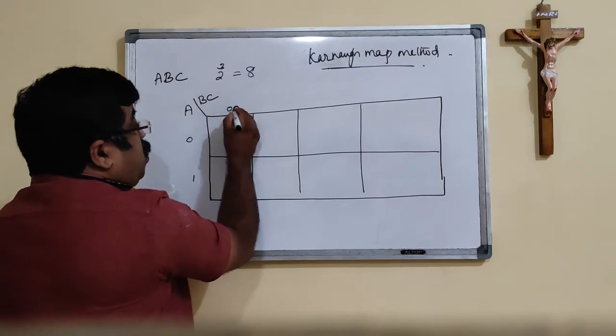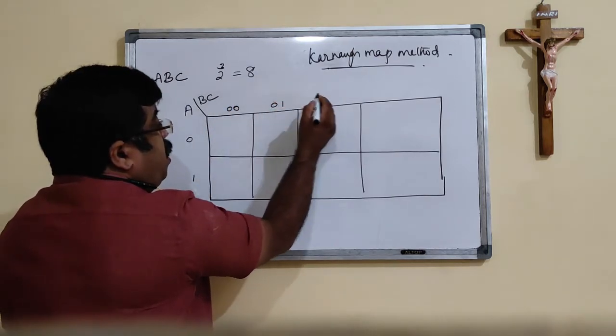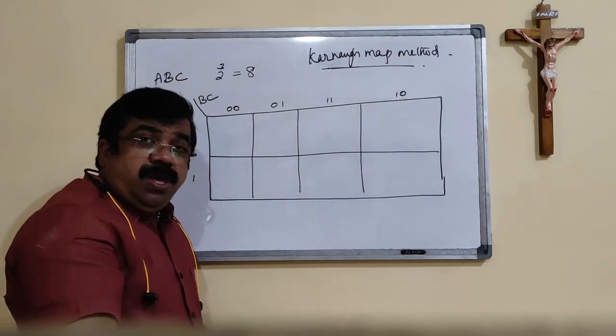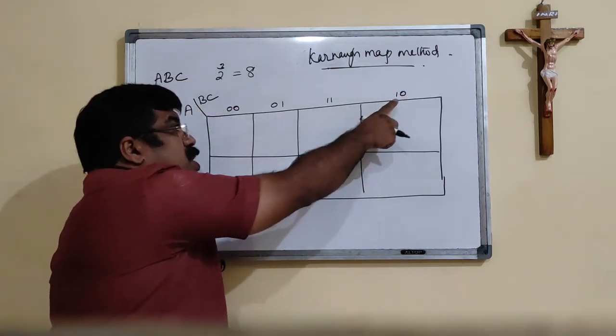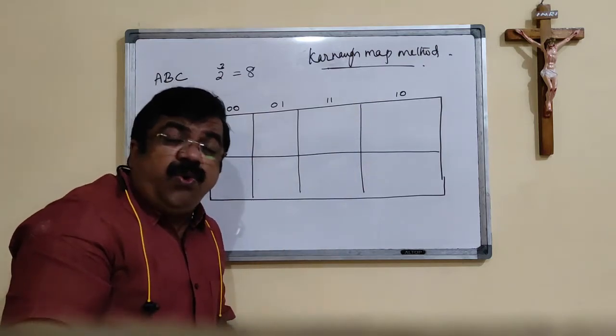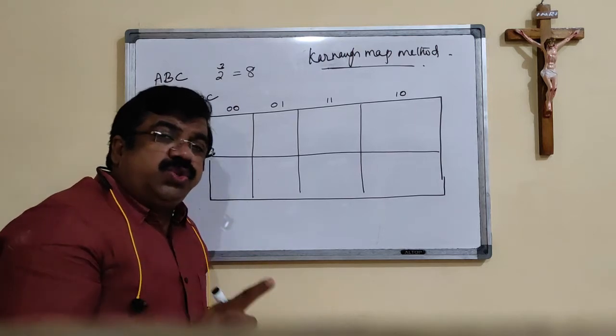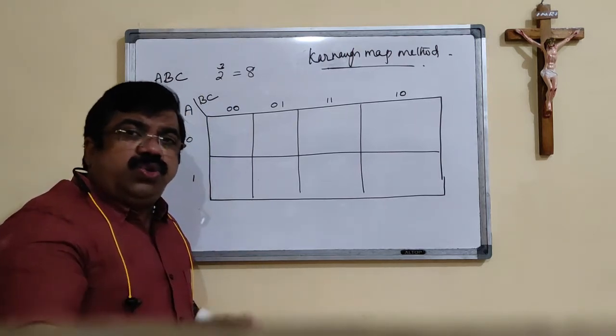The column numbers are 0 0, 0 1, 1 1 and 1 0. You can see this numbering is not following the binary progression. Why it is so, that I will tell you soon.